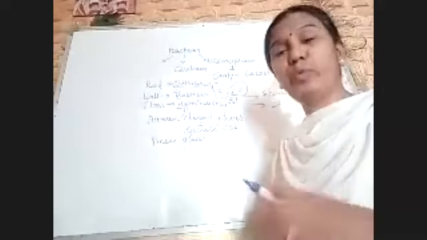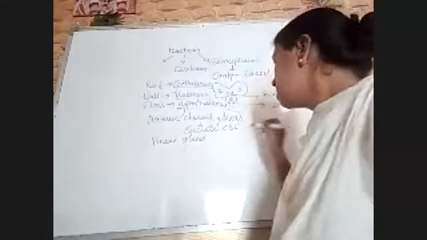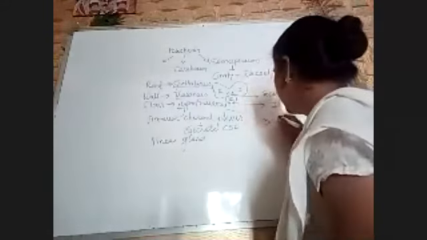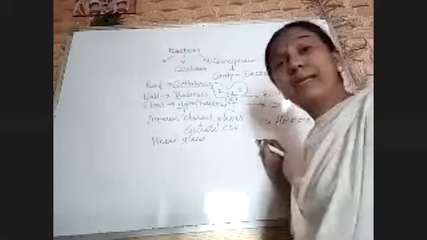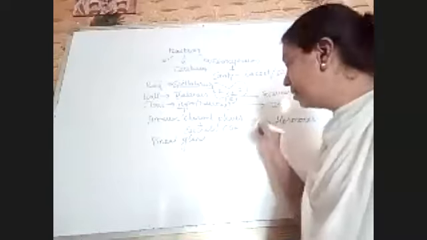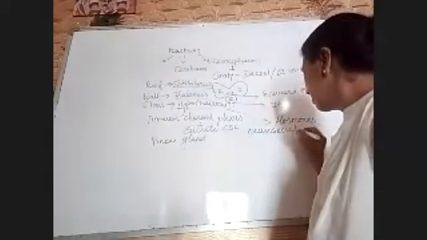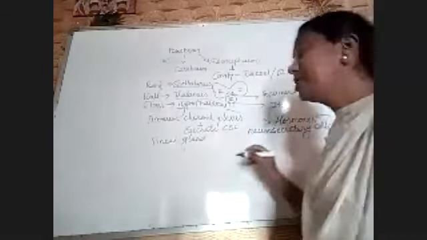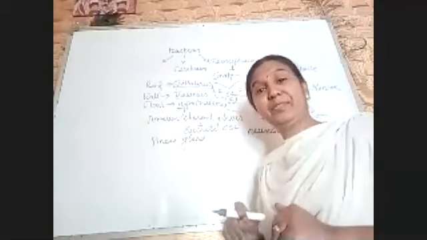The next one is the hypothalamus. Hypothalamus is most important. Though it is a part of the brain, it is very important because it secretes hormones. It contains some neurosecretory cells which secrete hormones, and these hormones control all the functions of the pituitary gland, which is the master endocrine.